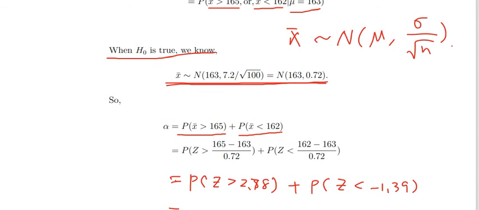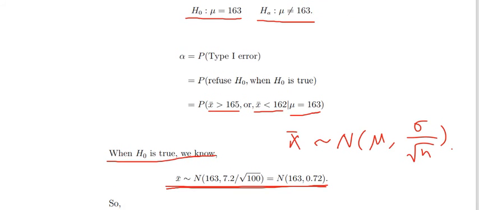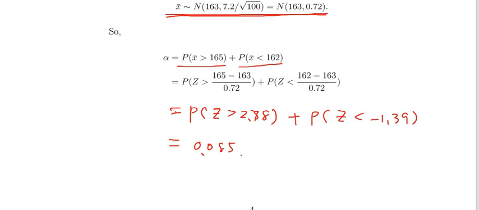If we apply this decision making rule, we have about an 8 to 9% chance to make a mistake. Is this 8% a big probability or a small probability?